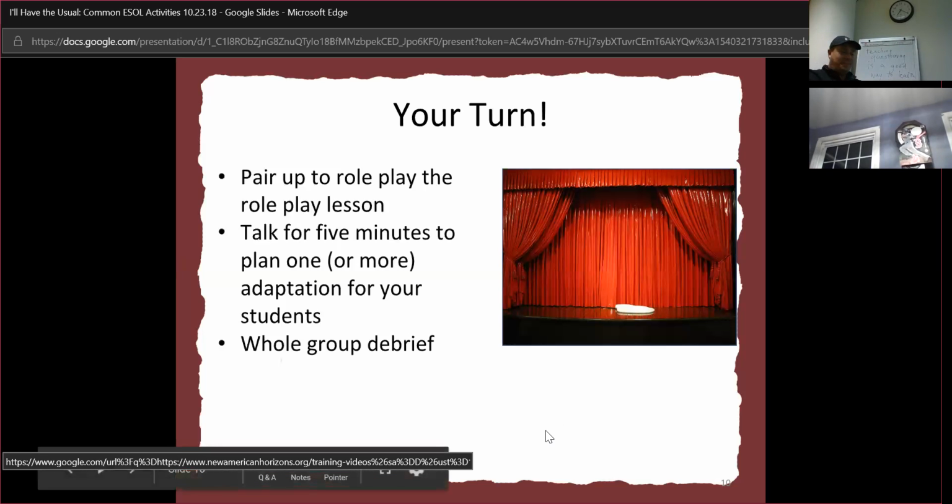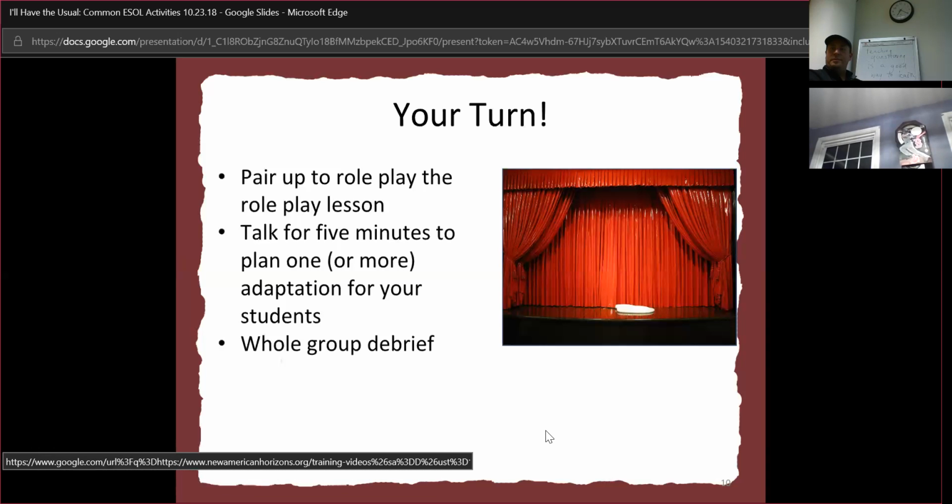And then the debrief part would be getting reinforcement. Okay, let's come back together as a group. How about we hear from the other groups?